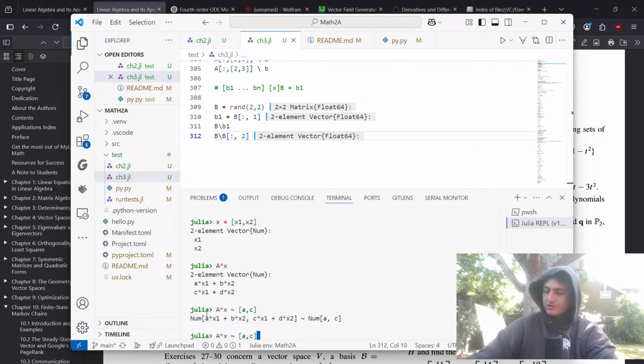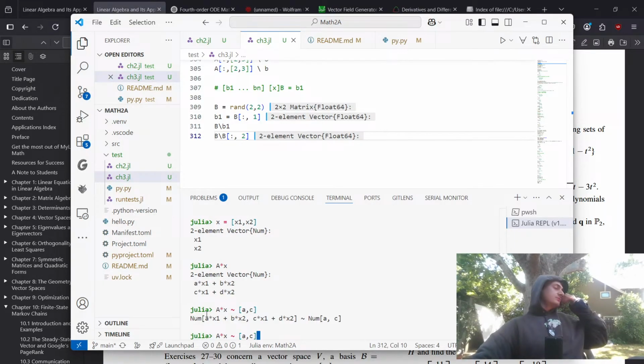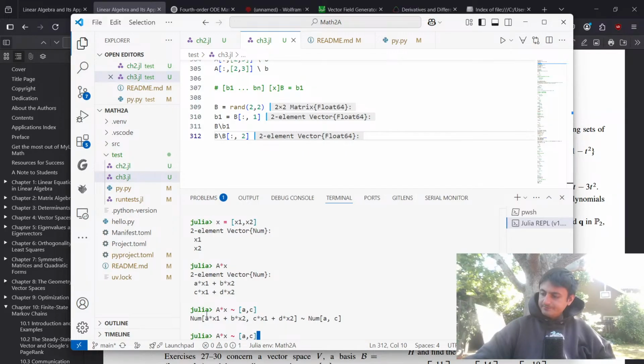I'm just gonna write down on paper. So then you get ax plus by is equal to a... You're trying to get the first column. So yeah, x y is gonna be 1 0.